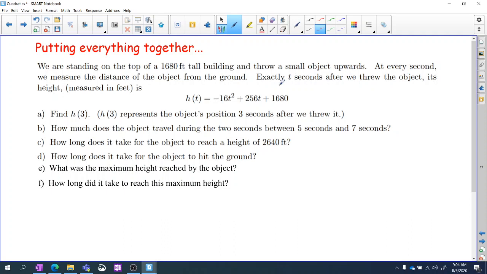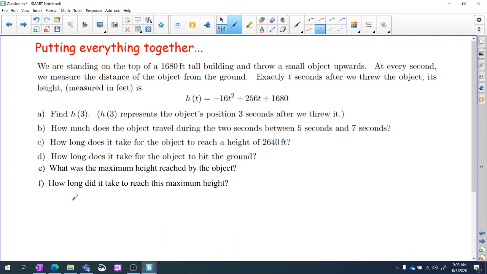At every second, they measure the distance of the object from the ground. Exactly t seconds after we throw the object, its height is measured in feet. So this is the function that gives you the height of the object. You can see that it has a negative stretch factor, so it opens down. And it's definitely a quadratic, so it's going to follow a parabola.